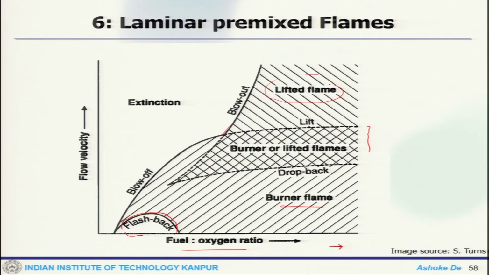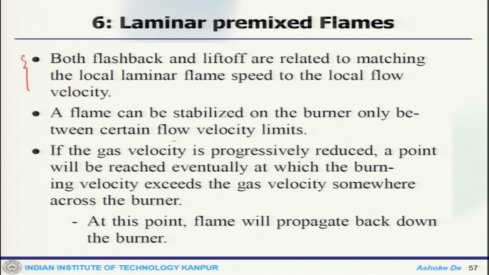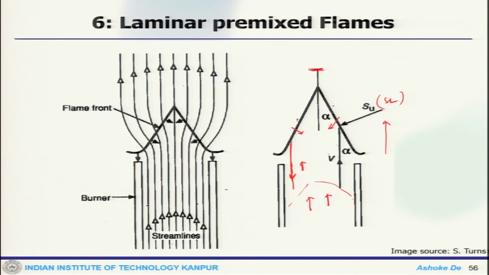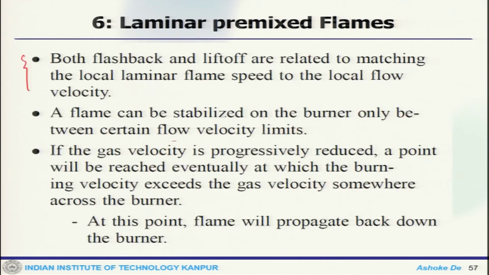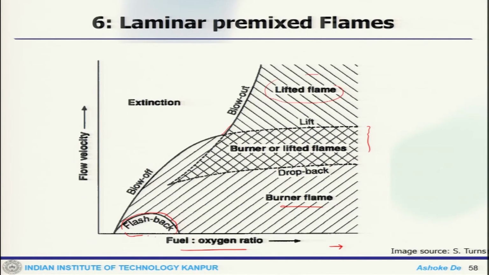See, the lifted flame has an issue that if you push these things too much, like if the flame front pushes here slowly, I mean it is lifted and then it can go out beyond the chamber. So, it will happen, and this side is your extinction side because the flame will be completely extinguished.